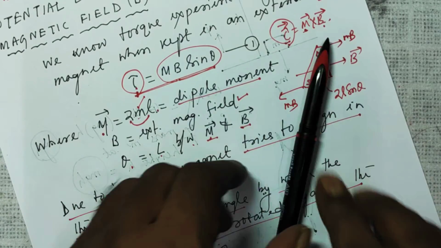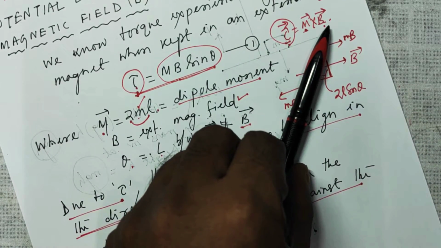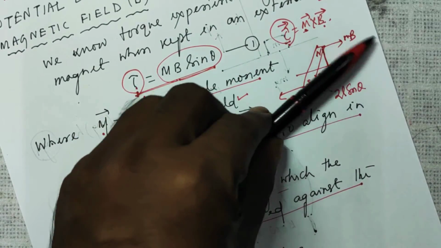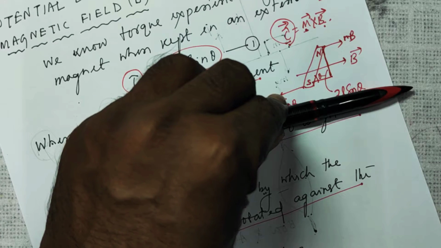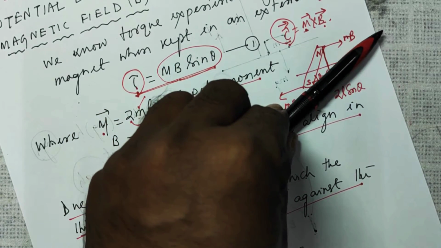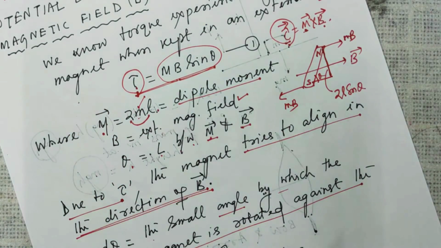So due to the torque, the bar magnet is trying to rotate like this. Against this rotation, suppose you rotate it by a small angle d theta to this side, anticlockwise.